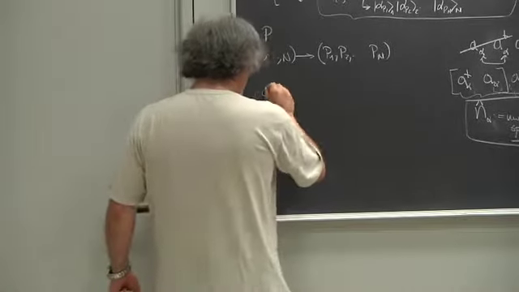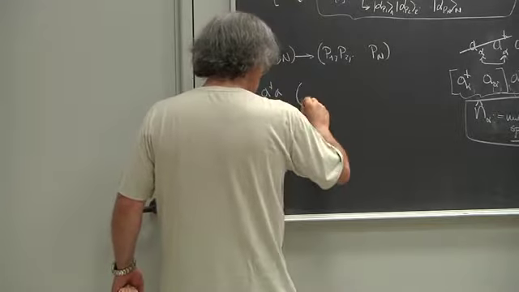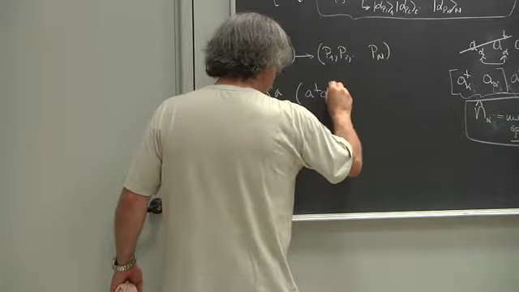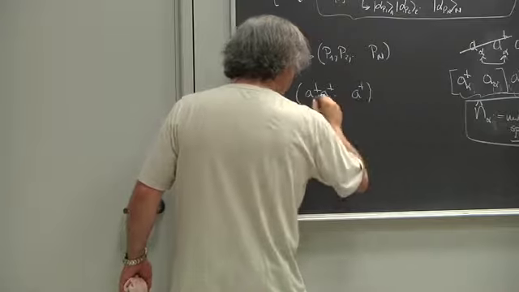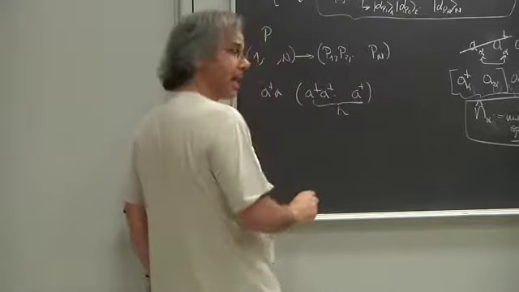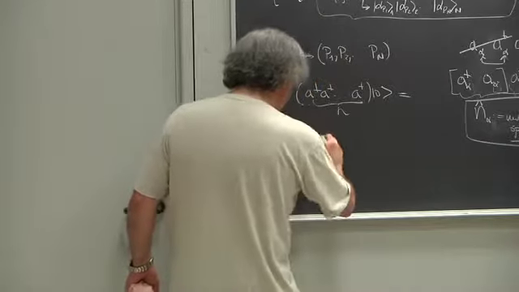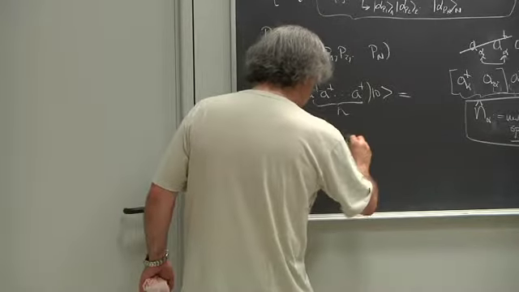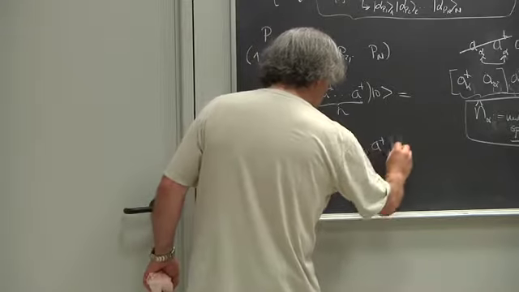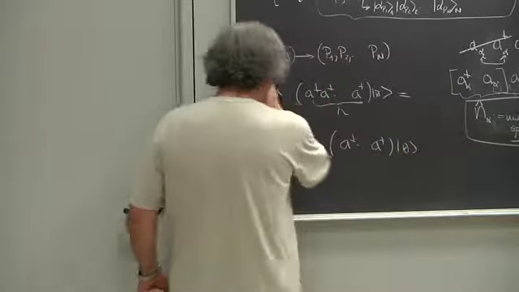If you remember, if I have a dagger a into a state with a dagger, a dagger, a dagger n times, okay, then this object would be simply equal to n times the same state. Okay? You remember this? Harmonic oscillator.